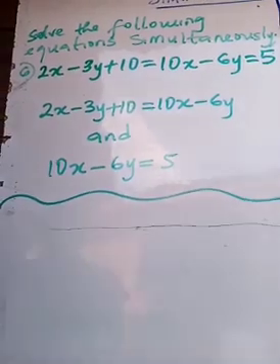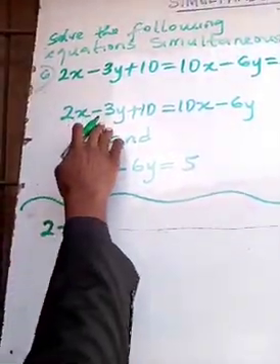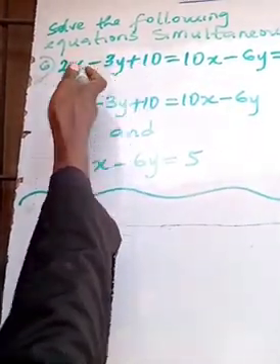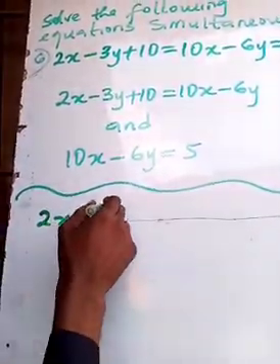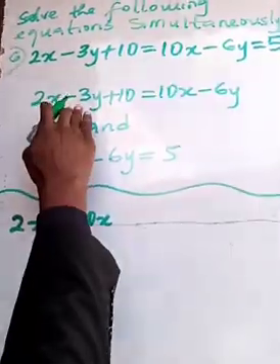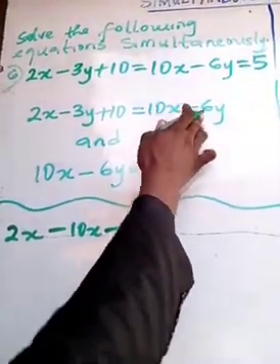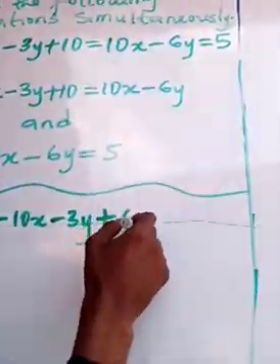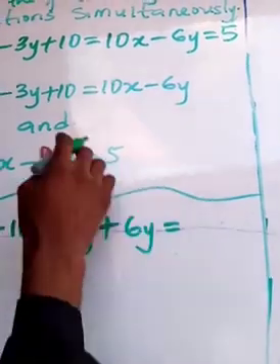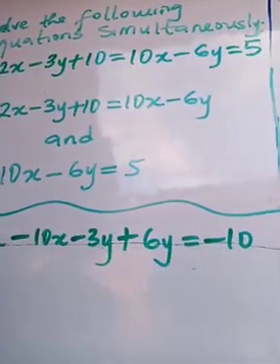So focusing on this, we already have 2x. If we bring this 10x to this side to meet this 2x, we have minus 10x, because originally it was plus. Then there is minus 3y. Then if we bring minus 6y to this side, it becomes plus 6y, equals, if this plus 10 goes to that side, it becomes minus 10.